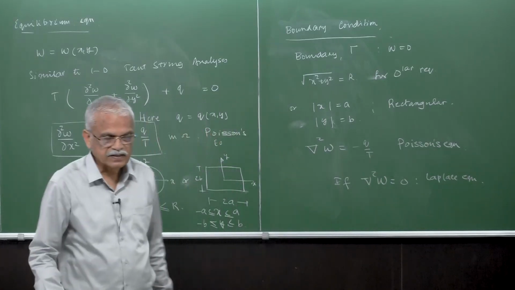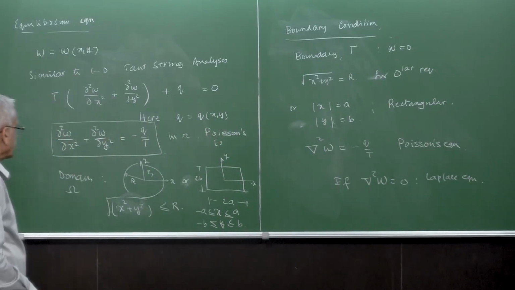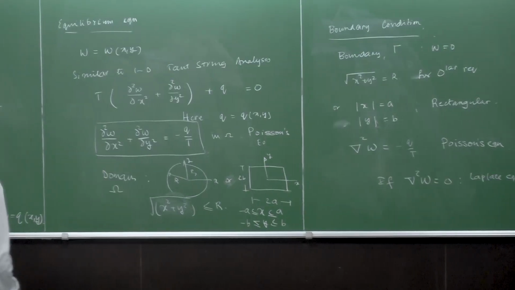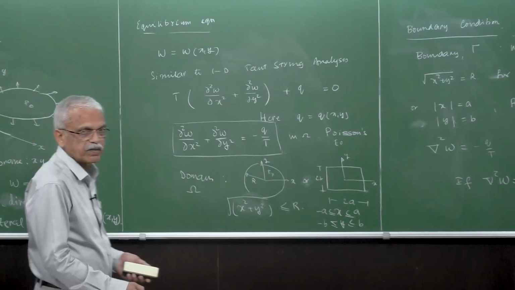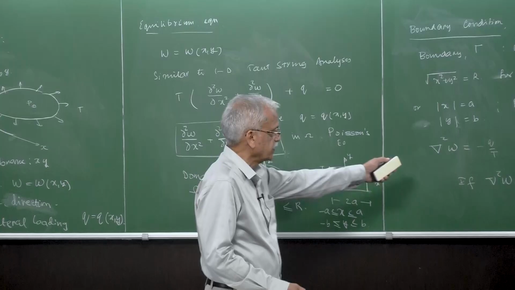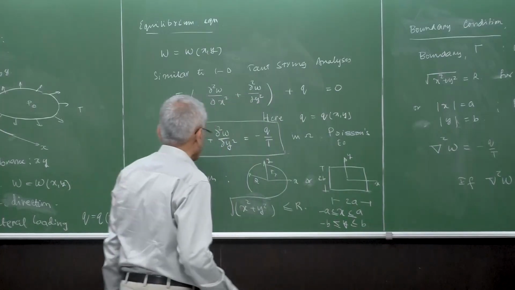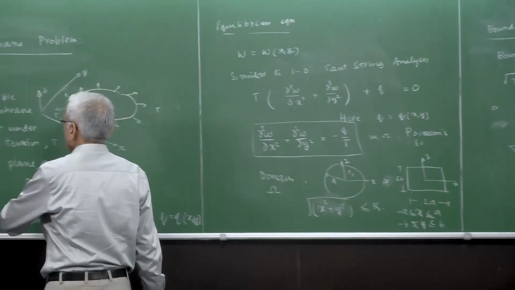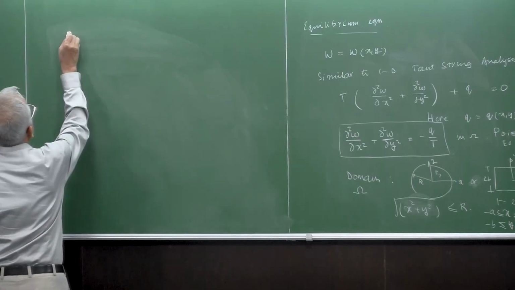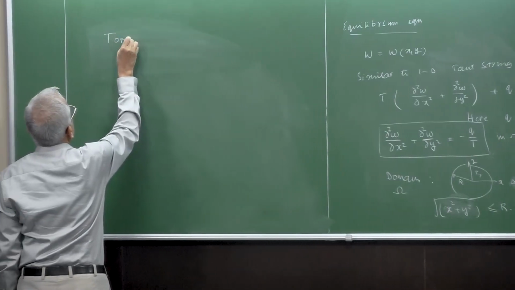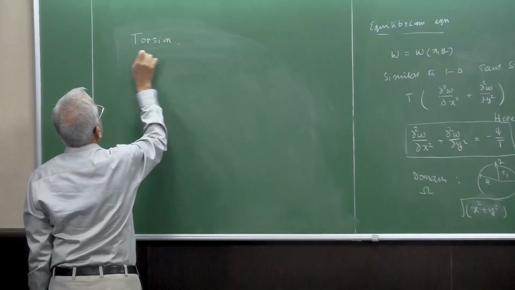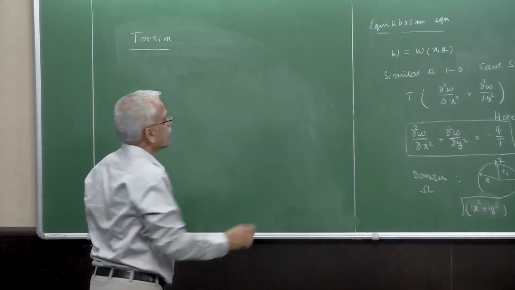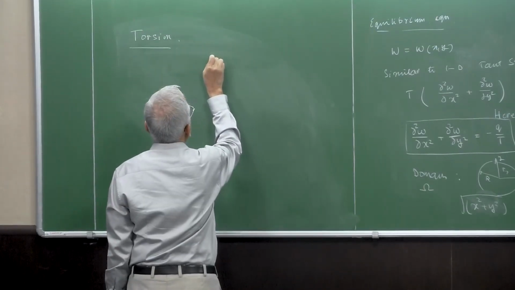So what I was just trying to mention here is another very typical application in 2 dimensions of this equation. What I mean here is torsion. Torsion of a prismatic bar.